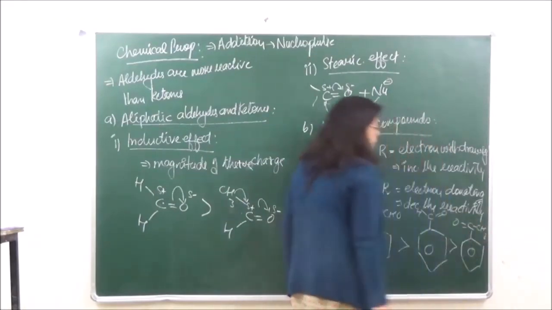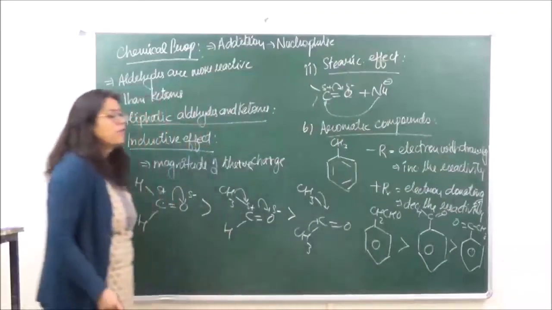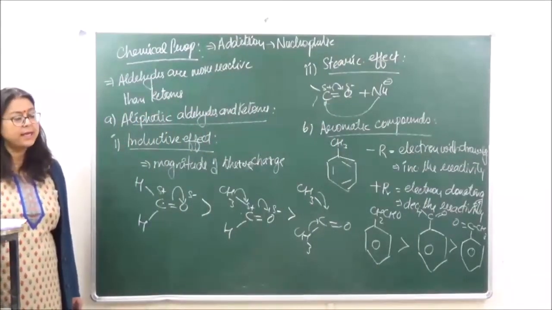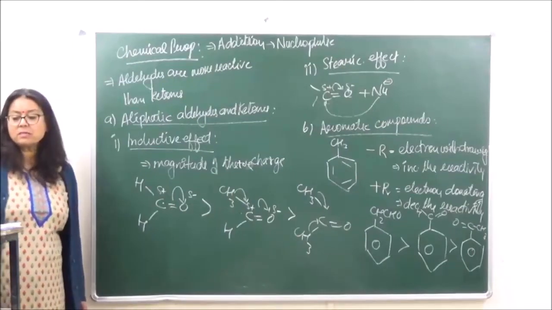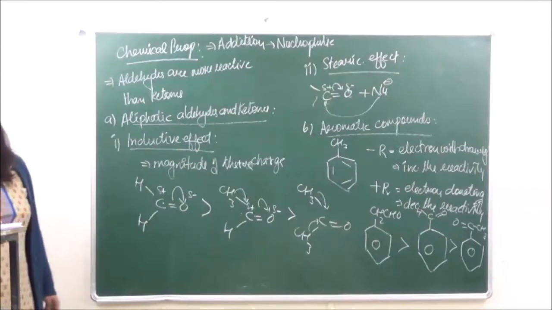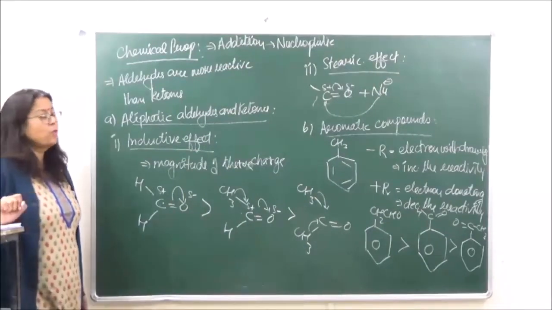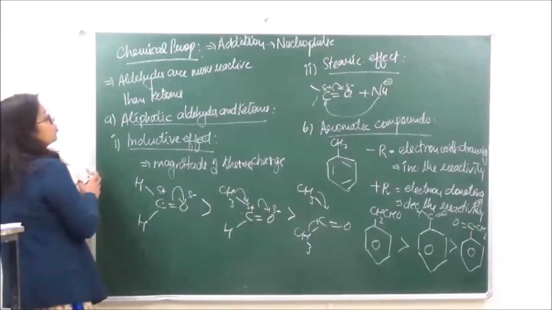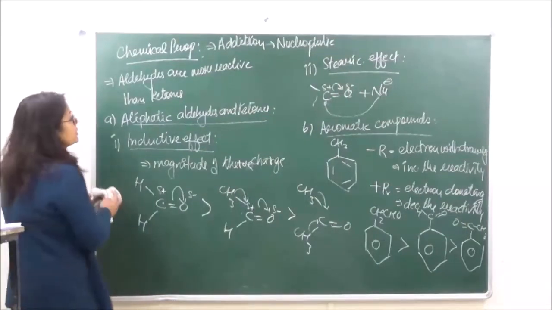So this is going to be the order of reactivity for aromatic compounds. Okay? And if there are two benzene rings present, then it will decrease the reactivity further. So we say that the carbonyl group is going to be a highly polar group. So let's just go on to the mechanism of the addition reactions over here.